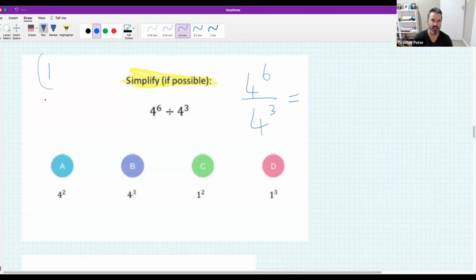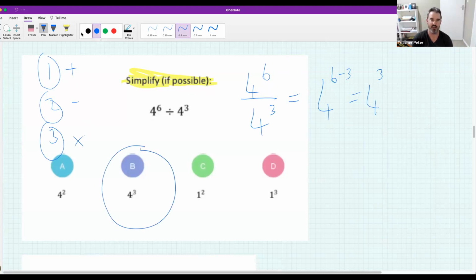Is it going to be law number 1, law number 2, or law number 3? Remember, this is the plus, that's the minus, that's the times. Which law is going to be relevant here? It's going to be law number 2, and I go, the bases are the same. Therefore, I subtract the powers, and I get 4 to the power of 3. Is there a 4 to the power of 3? It is here.